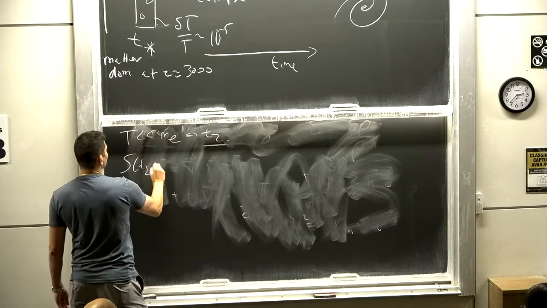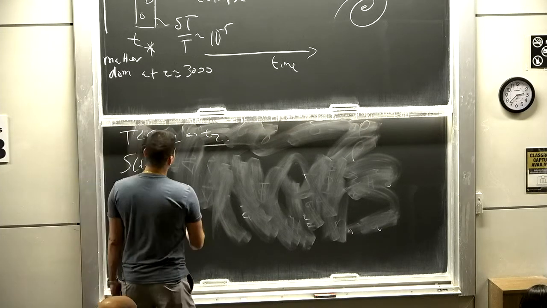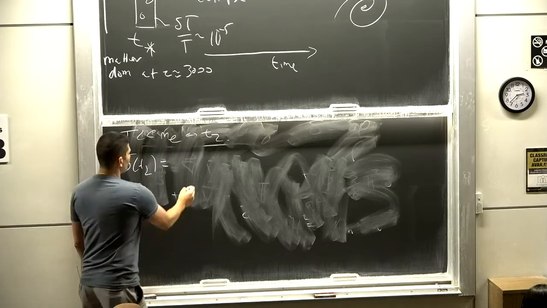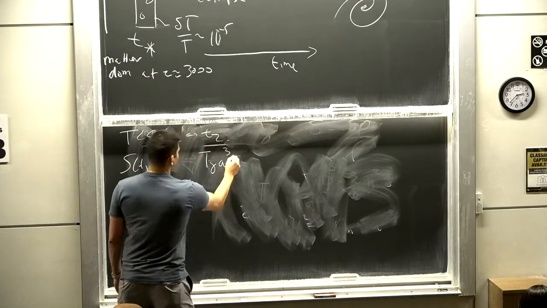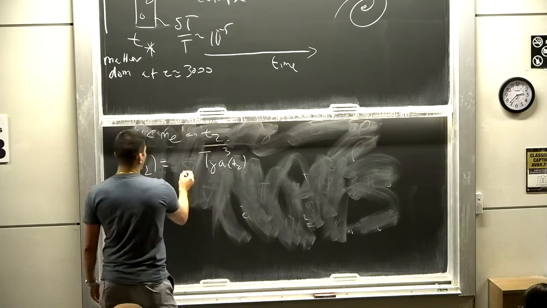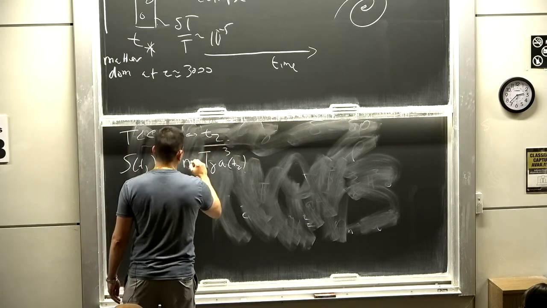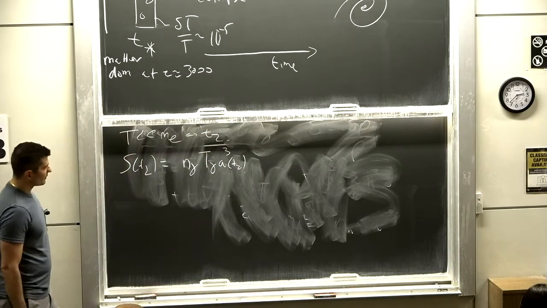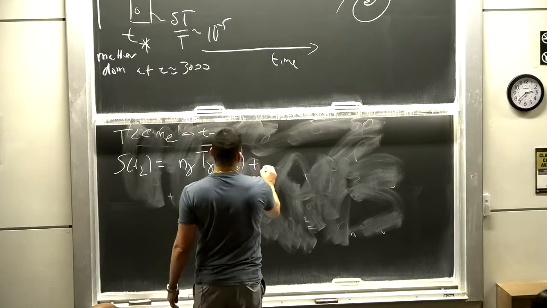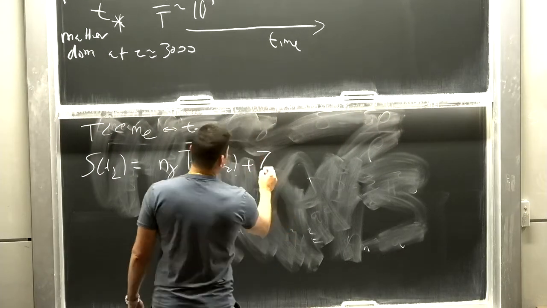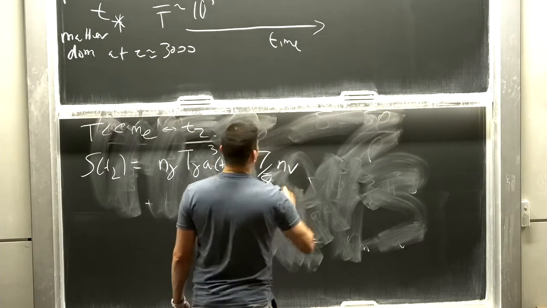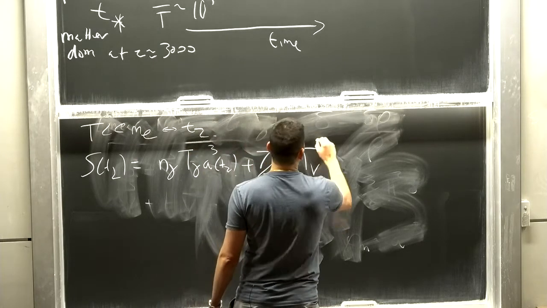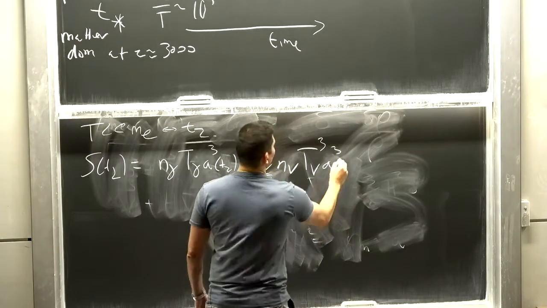S at time 2 is equal to the temperature of the photons cubed times A cubed at T2 times the number of degrees of freedom of the photons, plus 7/8 times the number of degrees of freedom in neutrinos times the neutrino temperature cubed times A cubed at T2.